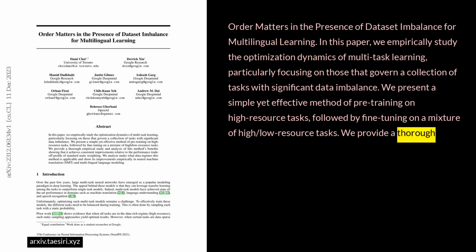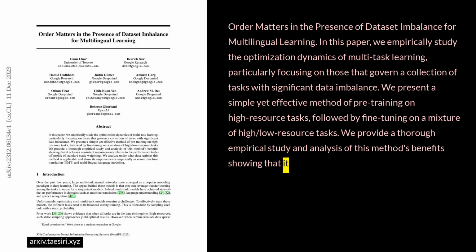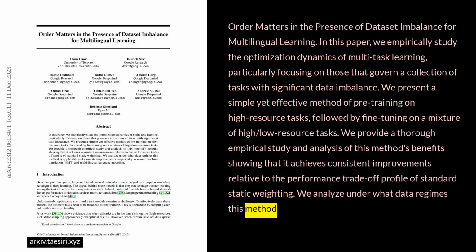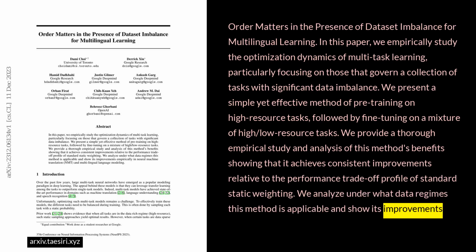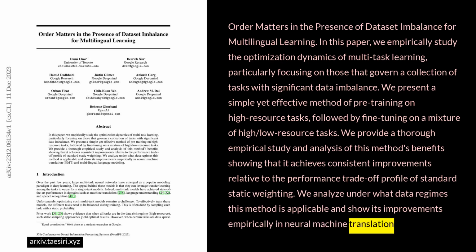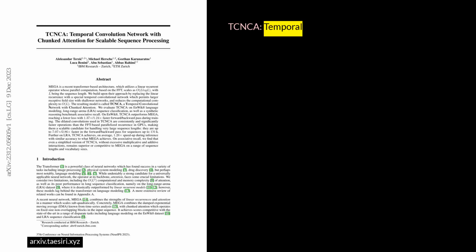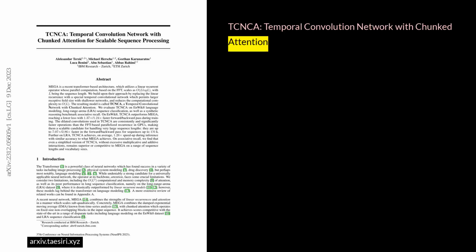We provide a thorough empirical study and analysis of this method's benefits, showing that it achieves consistent improvements relative to the performance trade-off profile of standard static weighting. We analyze under what data regimes this method is applicable and show its improvements empirically in neural machine translation, NMT, and multilingual language modeling.